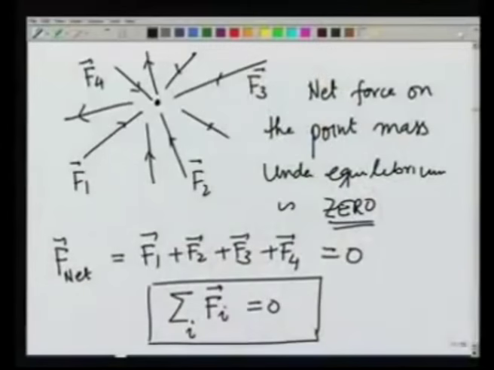I have been talking about point mass because in that case it cannot do anything else, just move. On the other hand, in engineering problems, we do not always have a point mass. We have extended bodies. For example, I could have a beam that is supported on 2 pillars and there is a load here.